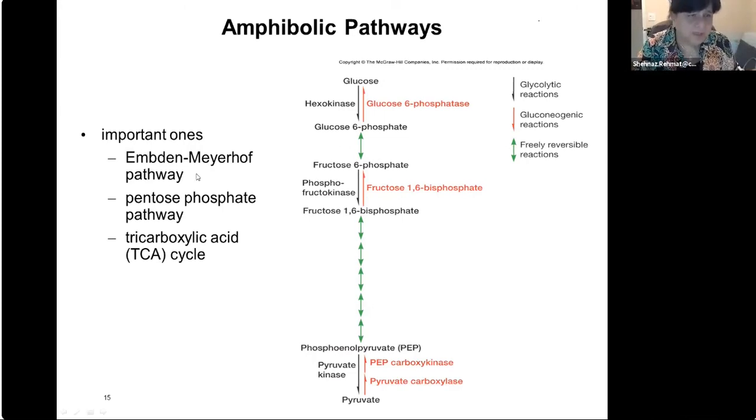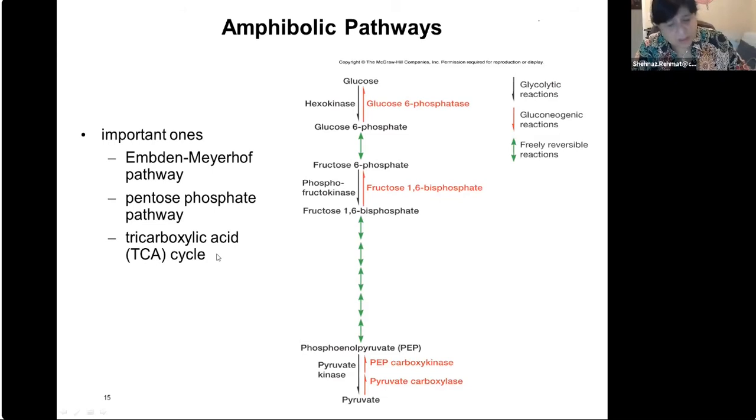So if you look at it, the pathways that we will study, and you've already studied these, are your Embden-Meyerhof pathway. This is also an amphibolic pathway. We are showing it to you here. The pentose phosphate pathway, which we'll look at also later, is also amphibolic. And even your tricarboxylic acid cycle, the TCA cycle, is an amphibolic pathway.